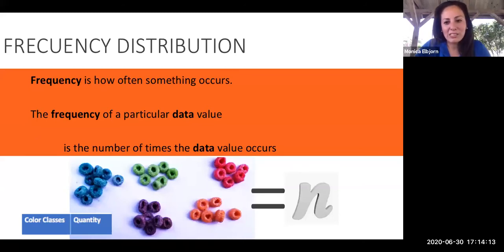If I ask you, and we're talking about a sample, whenever we're talking about a sample, do you remember which letter we use? The letter N. So if I ask you how you would do a frequency distribution on the blue, the green, the red, the purple, and the orange, those will be our color classes.